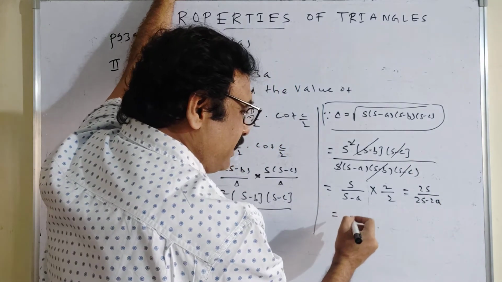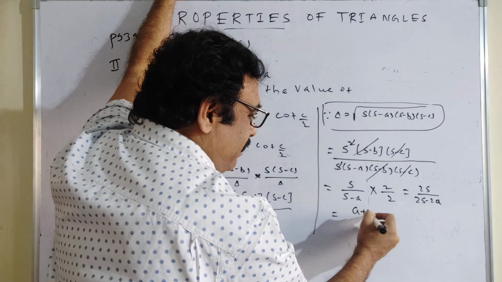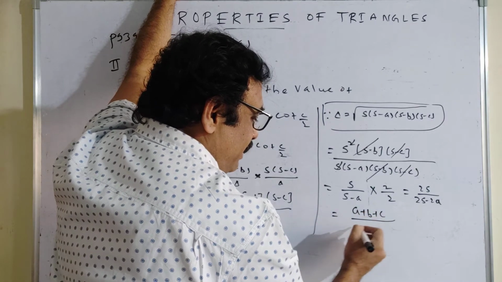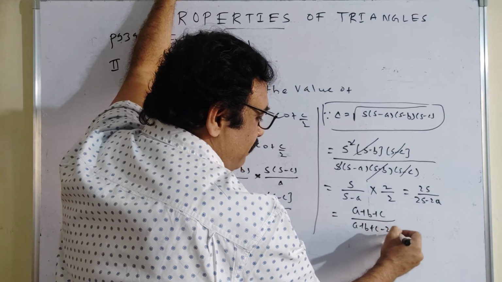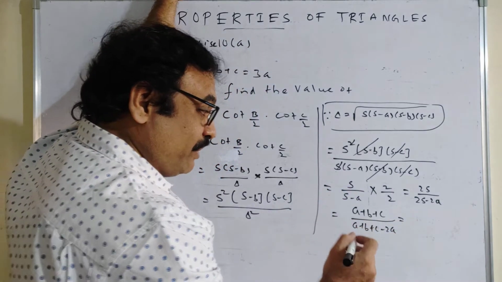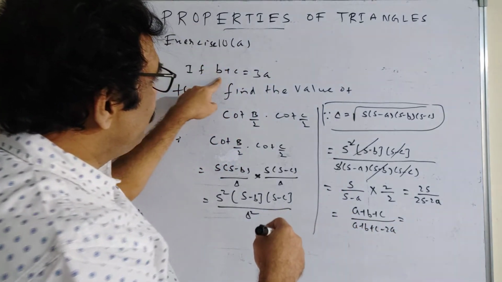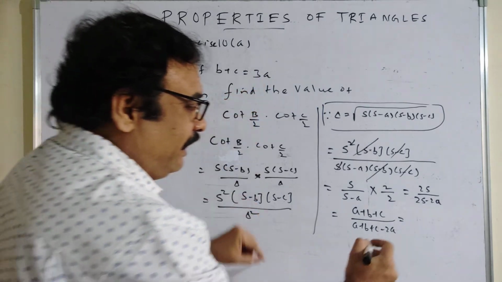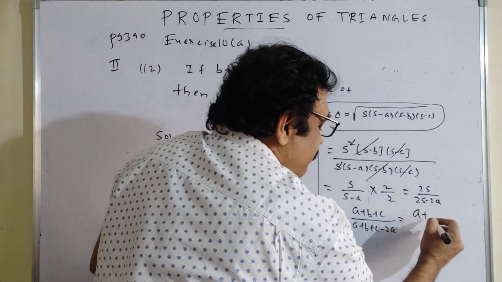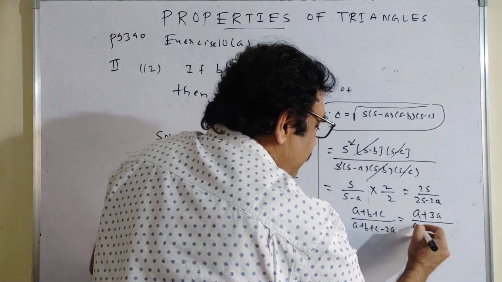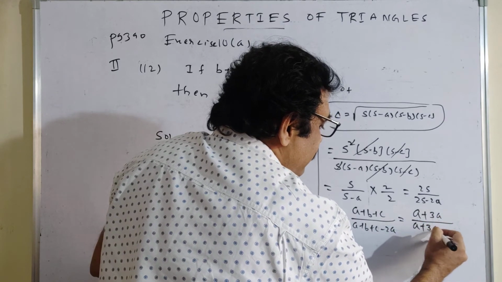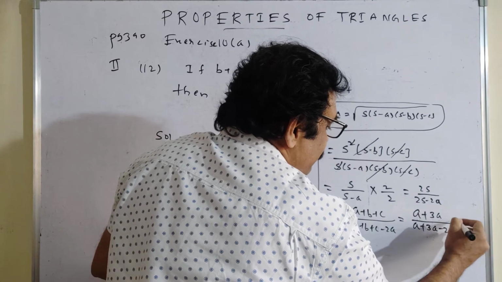Now 2s is equal to a plus b plus c, so 2s minus 2a is a plus b plus c minus 2a. But as we know, b plus c is equal to 3a, since it has been given. I'll be writing in place of b plus c, this is a plus 3a minus 2a.